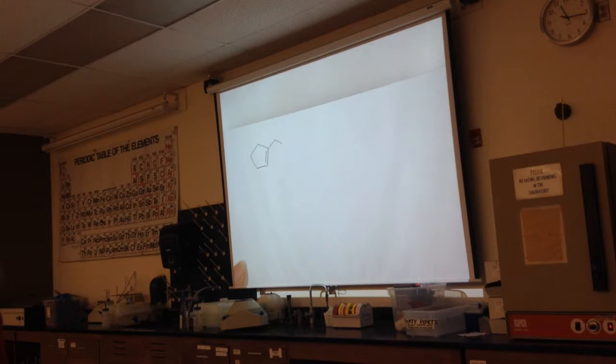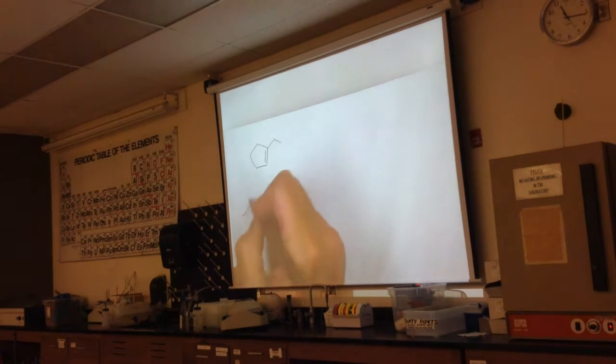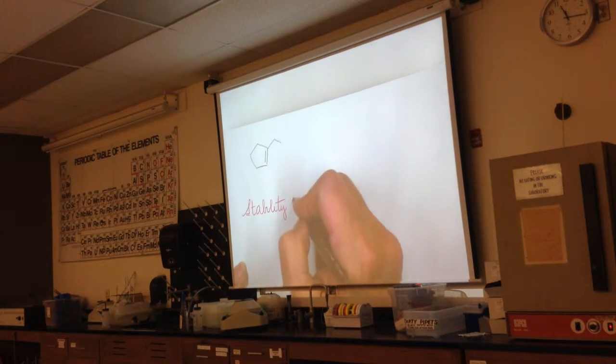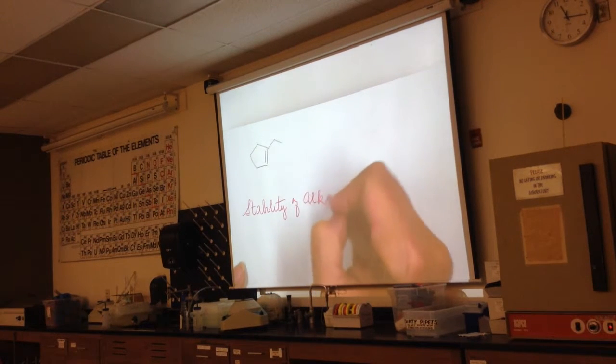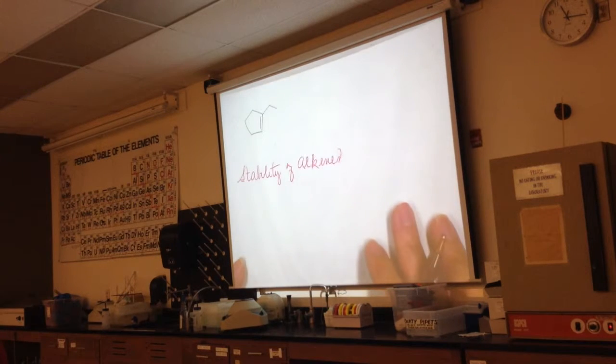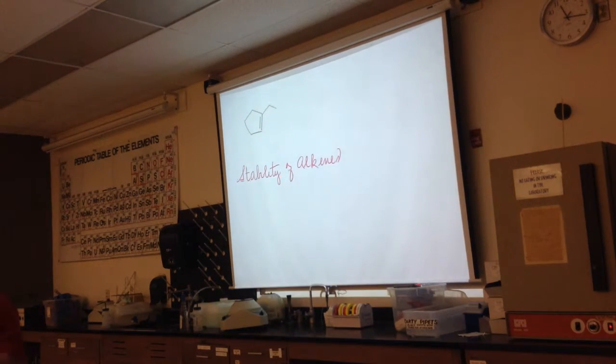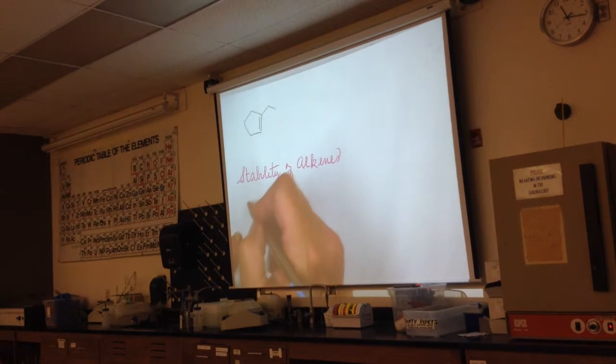Your choices of alkenes are tetra. So here's the stability of the alkenes. Stability of alkenes based on heats of hydrogenation. I call this tetra. So we went like this.